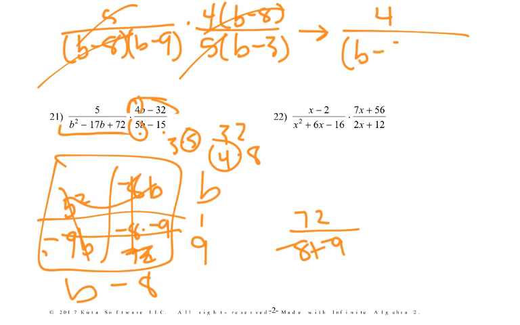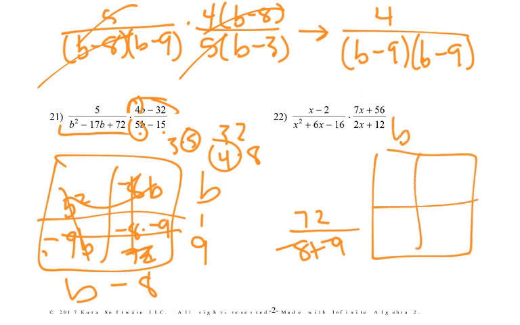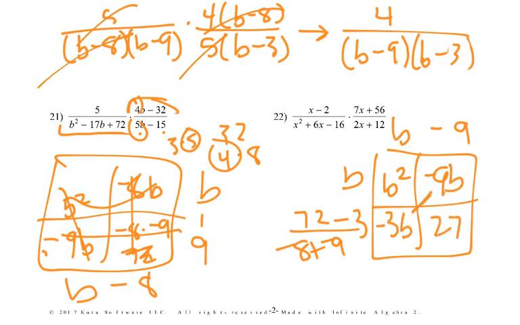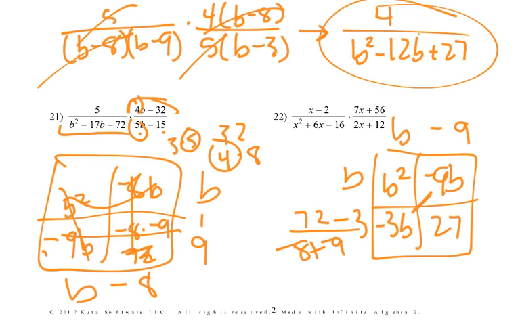On the bottom, b minus 9 times b minus 3. Which, if I really wanted to, using the box method again, and I meant to put a 3 down there, I could simplify this, and on the bottom instead, get b squared minus 12b plus 27. Either version works.